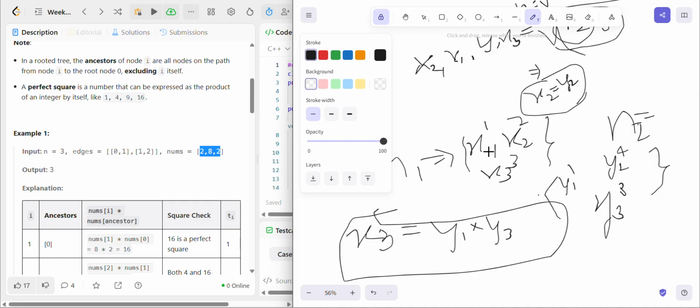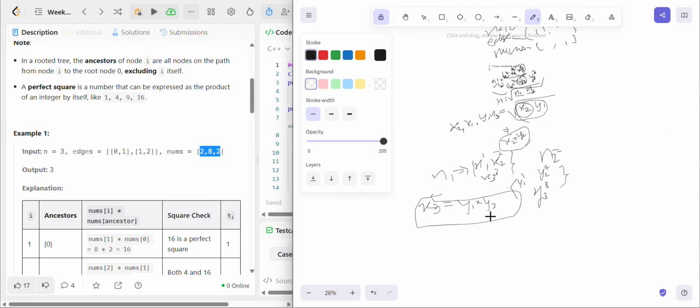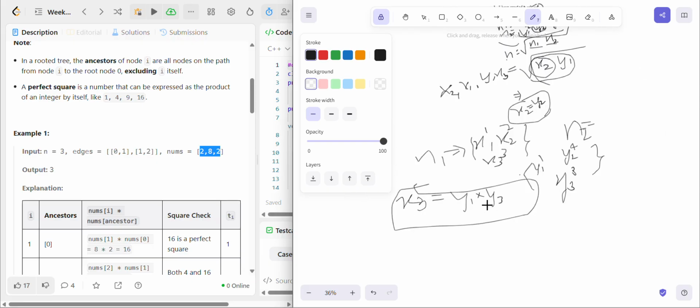Is it clear? Y1 can be 1, let me take 1, and y3 as 3, then x3 should be 3, and this will be equal to this, and then it will be a perfect square.